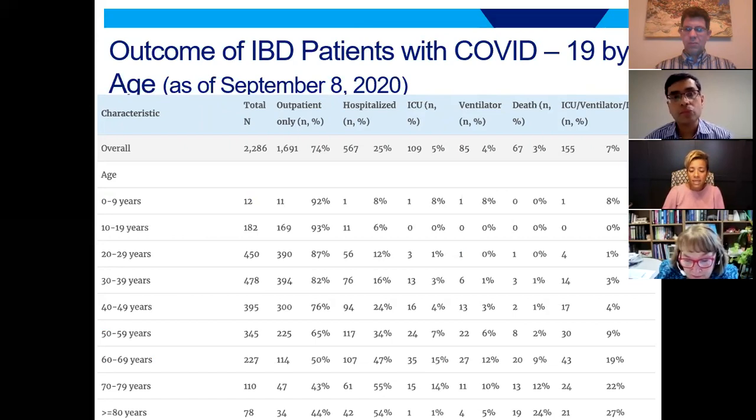There doesn't seem to be a big difference between men and women as it pertains to inflammatory bowel disease, but you can see that the risk of poor outcomes, and what I mean by that is the risk of the need for intensive care unit, ventilator, or the risk of death, does not seem to be any different than what it is in the general population.